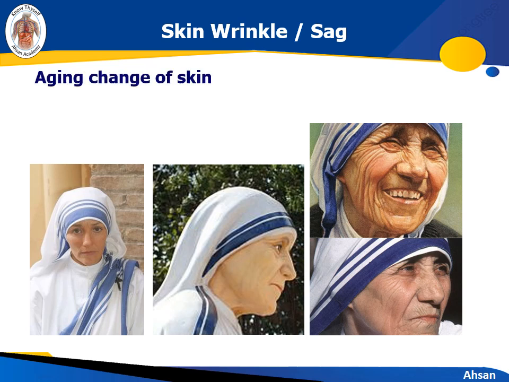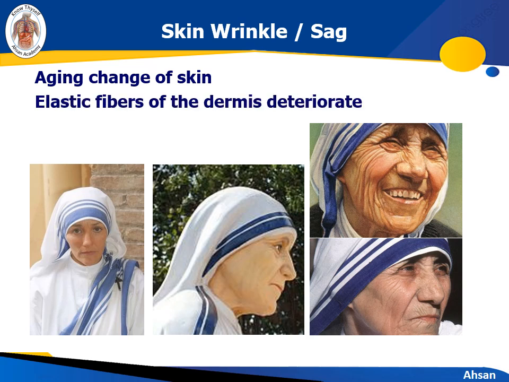Why? Because the elastic fibers in the dermis gradually deteriorate. So the elasticity of the skin is reduced, and ultimately with age the total elasticity will be lost, leading to thick wrinkles in the skin.